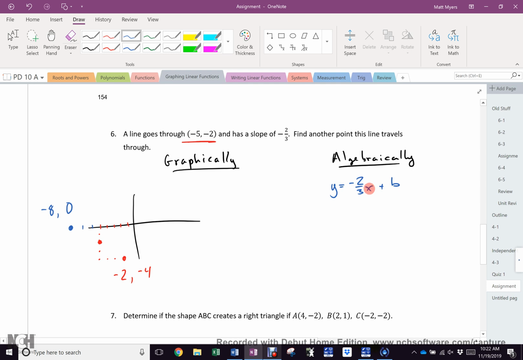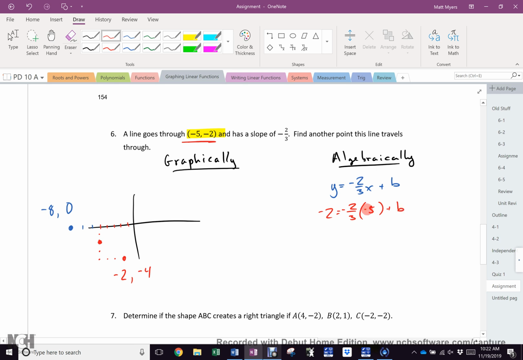I'll say it again. In this unit, anytime you see number, comma, number, what are they? What do you see here? So what can you put in here? X and y. Y is what? Equals negative 2/3. What is x? Negative 5 plus b. Right?